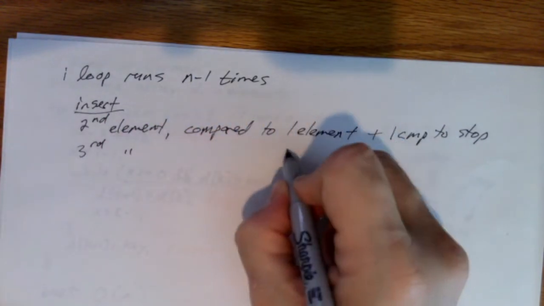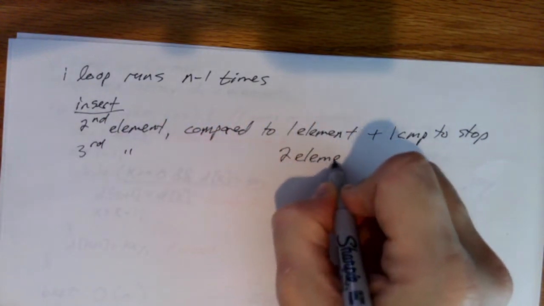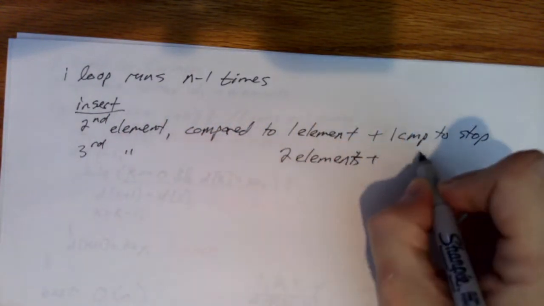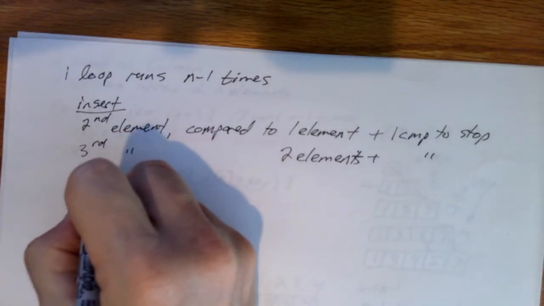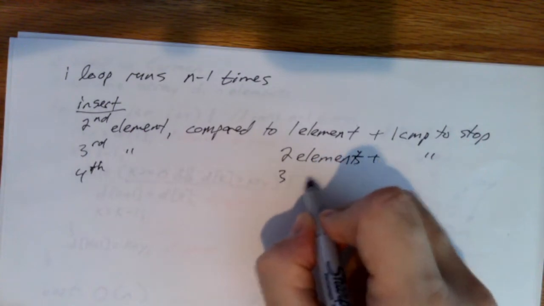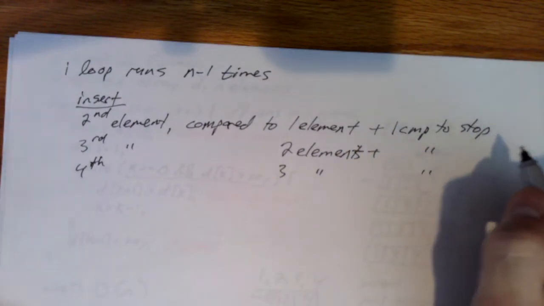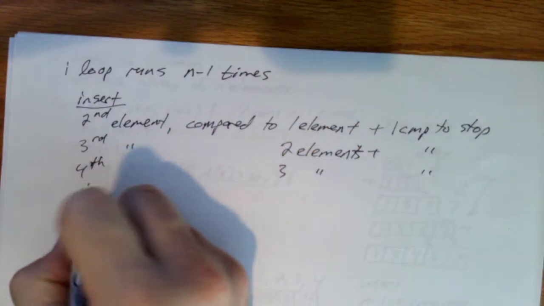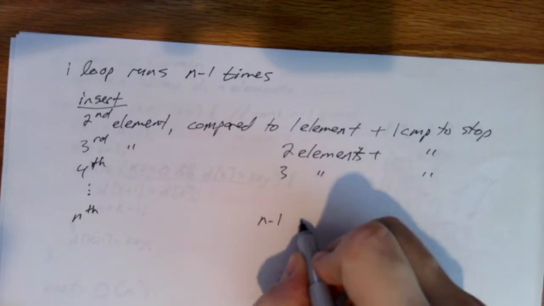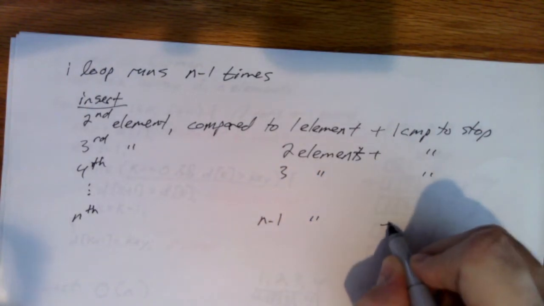And we insert the third element. We compare to two elements plus one to stop. And then the fourth element, compare to three elements plus one to stop. Okay? And so we work all the way down to the nth element. So this would be n minus 1 elements plus 1 to stop.